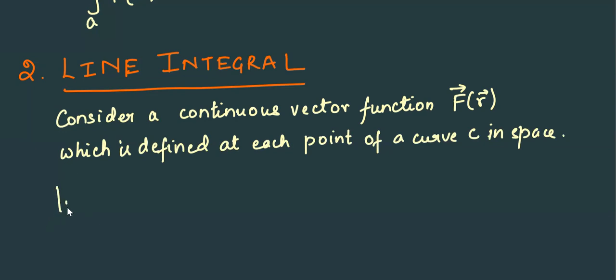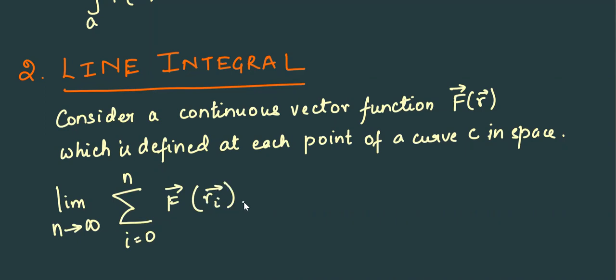Now this limit, n tends to infinity, summation of i equal to 0 to n f of Ri dot delta Ri.